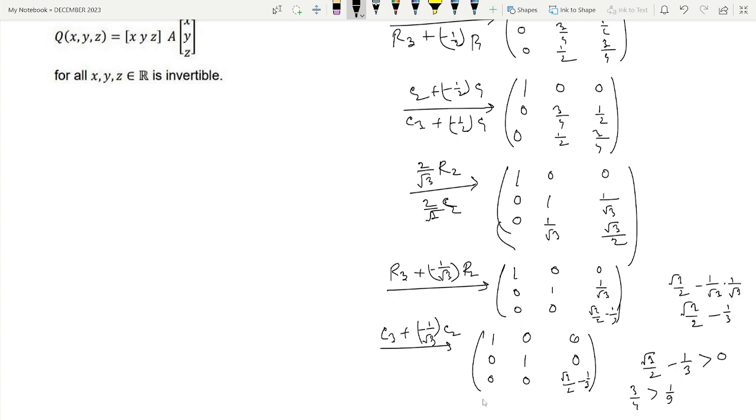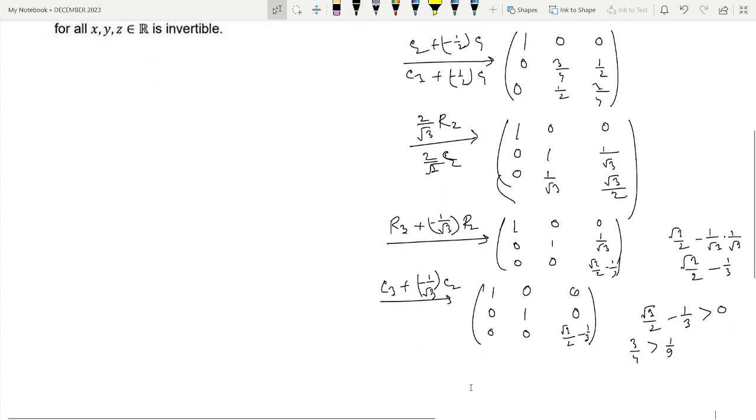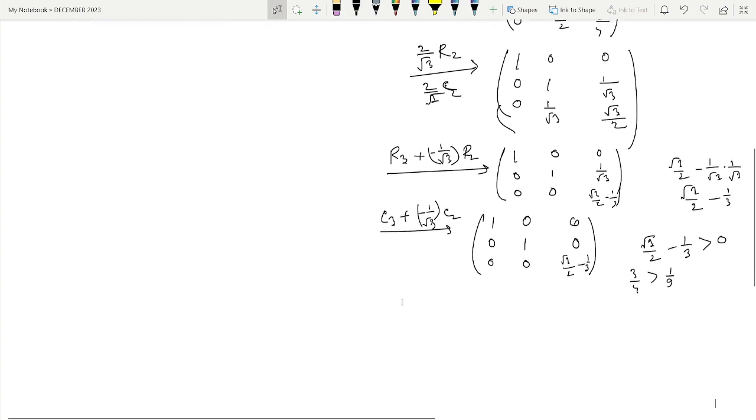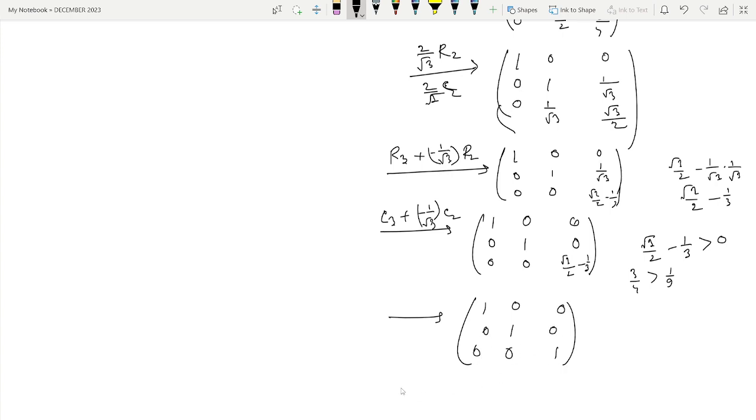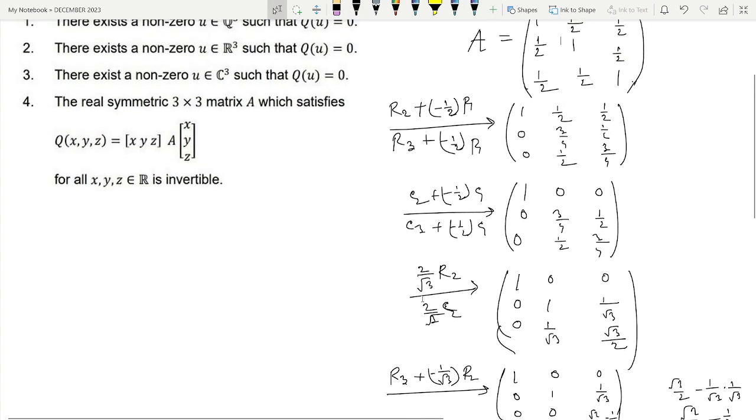So also we can make it 1 by some multiplication on the third row and also the third column. So ultimately the congruent form will finally be 1 1 1 with the other positions 0. So this matrix is congruent to that matrix A.